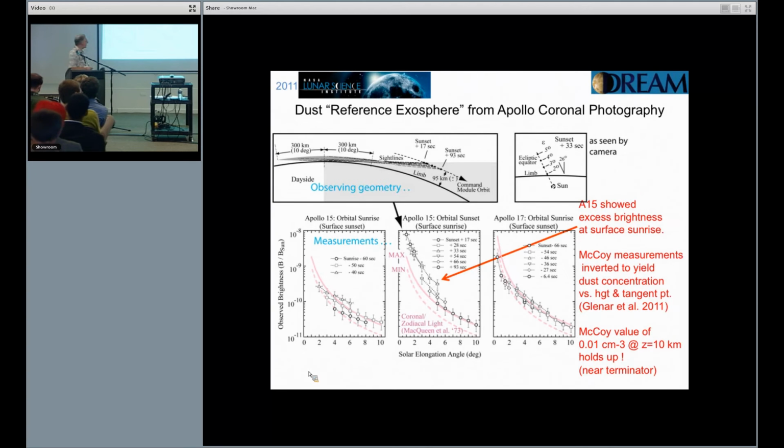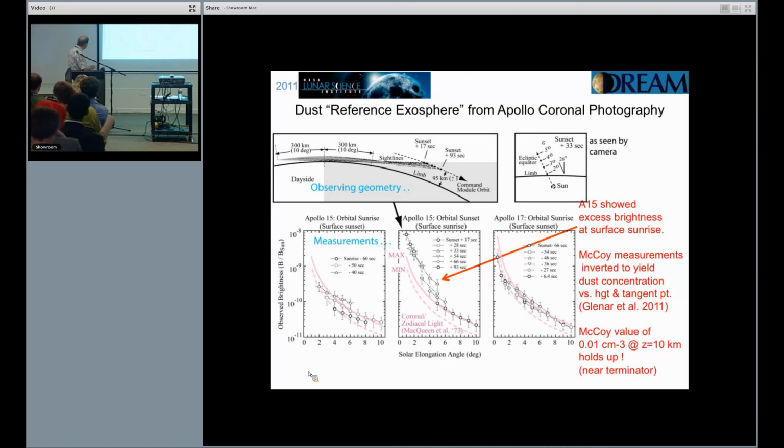Here I show those intensities for several different coronal sequences. If you look at surface sunrise, you see excess brightness. Neither of these surface sunset cases shows any obvious excess brightness.